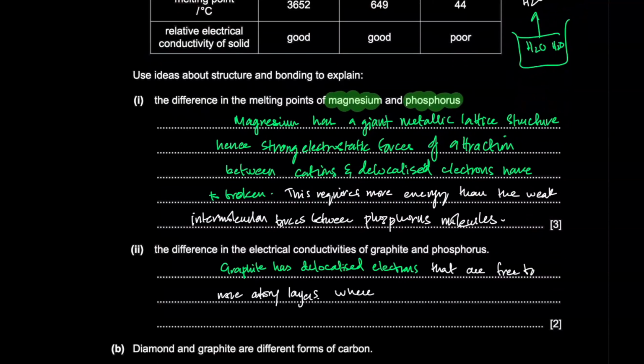Whereas phosphorus does not. Phosphorus has no free ions or electrons. Both things count, because ions can also carry charge, like you have in liquid ionic compounds or aqueous ionic compounds. You have to have free ions or electrons.